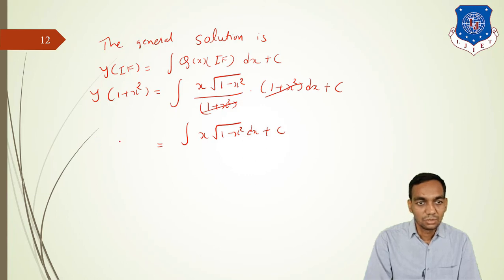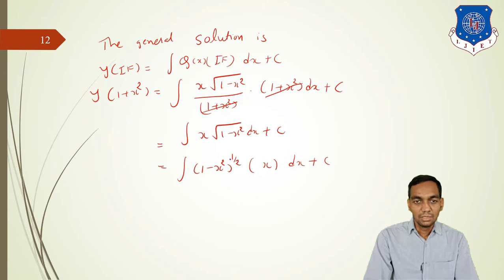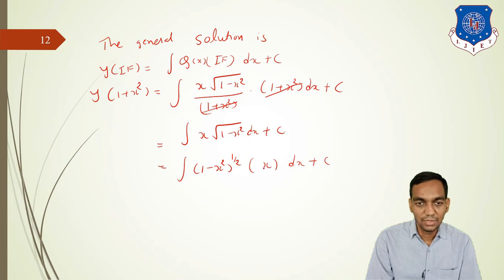Correct? So if you have to integrate, then I am going to write this as 1 minus x square raised to 1 by 2 into x dx. See, you have to adjust this in the form f(x) raised to n into f dash x.